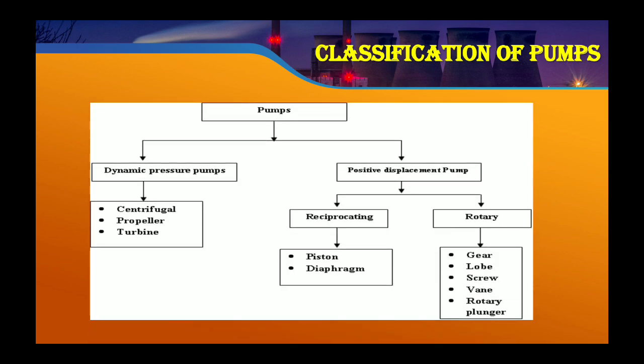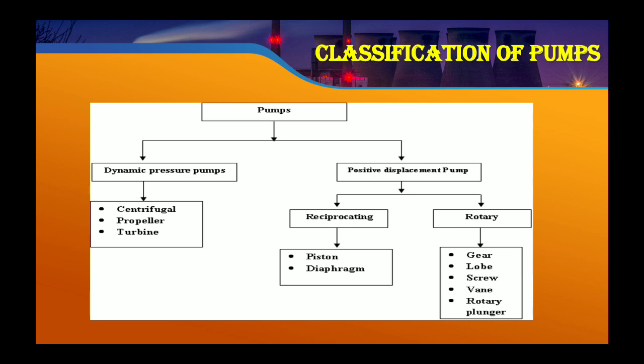So, before going to the deep study, at first we have to know the different classifications of pumps. Pumps are classified into two categories: one is dynamic pressure pumps, another is positive displacement pumps. The dynamic pressure pumps are like centrifugal, propeller, and turbine.